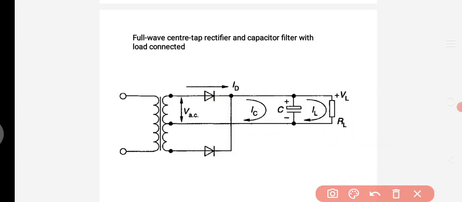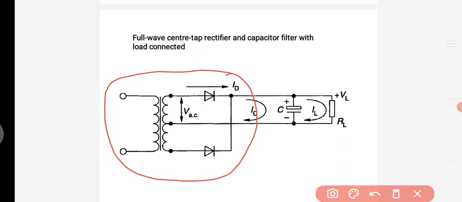Here we are using the center tap transformer and two diodes D1 and D2, and up to this part will be the rectifier circuit. The rectifier output will be given as input to the capacitor filter.